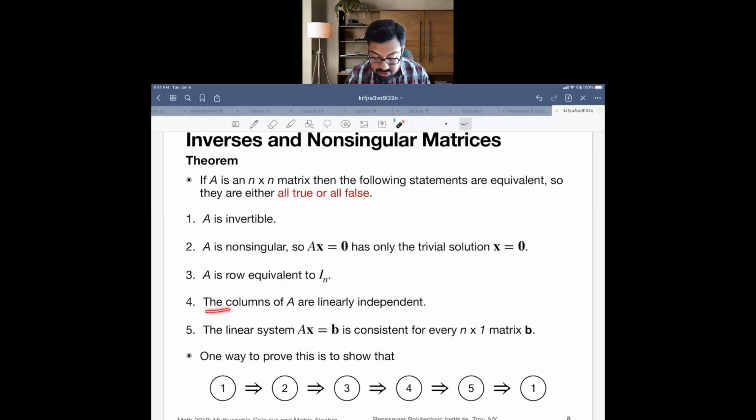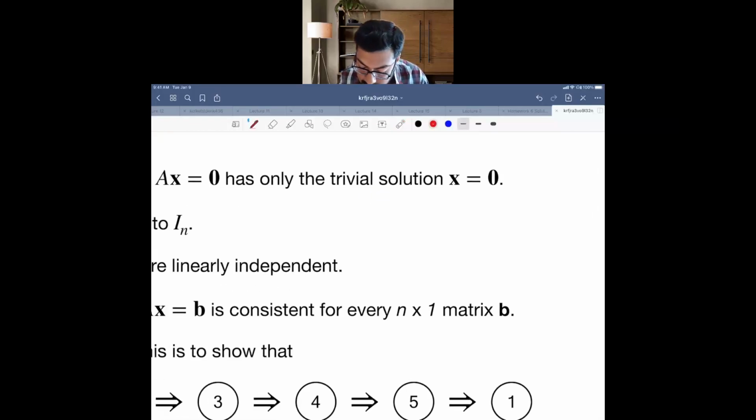Then the fourth statement over here is the columns of A are linearly independent. We tied the concept of linear independence with non-singularity in the previous lecture. So if A is non-singular, then we also know that the columns of A are linearly independent. Suppose the columns of A are V1, V2, V3, and so on, up to Vn, because A is n by n.